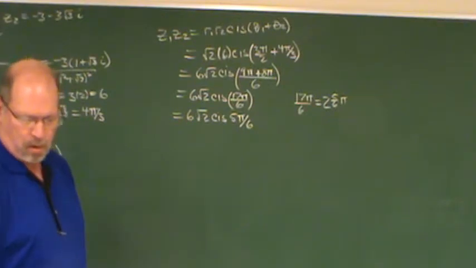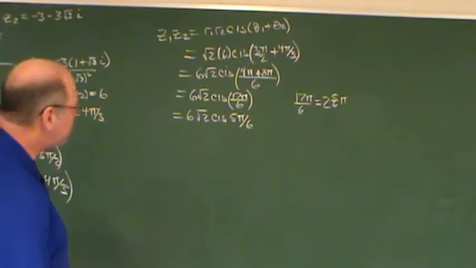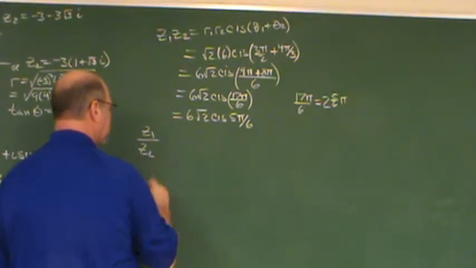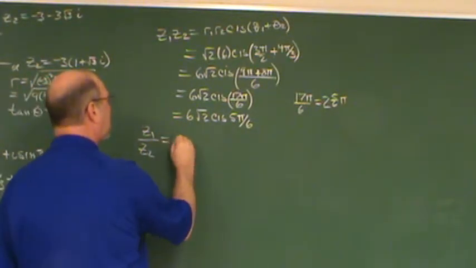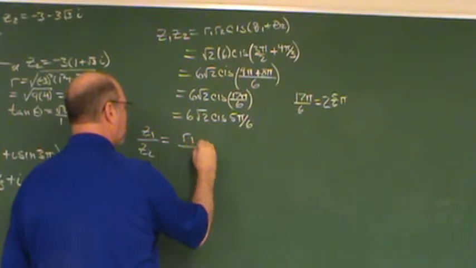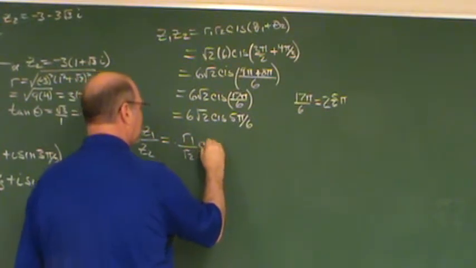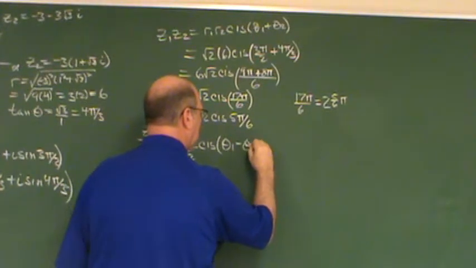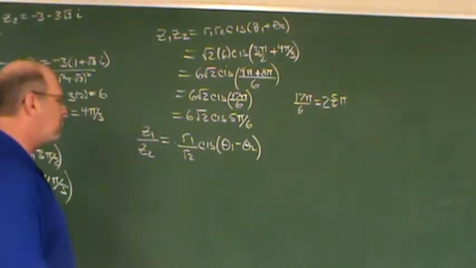Okay? Now, another part of this problem, you're asked to find Z1 divided by Z2. Well, the theorem tells us this is R1 over R2, and then CIS of theta 1 minus theta 2. Okay?